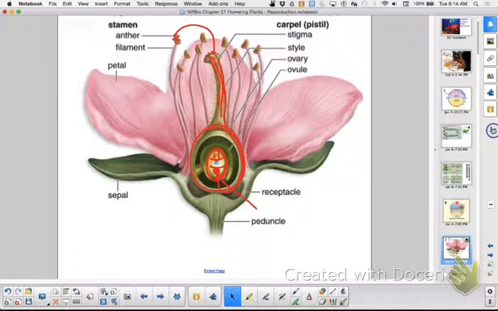And the haploid megaspore undergoes mitosis and becomes the embryo sac, which is the female gametophyte, which resides within an ovule that sits in the ovary, in the house that Jack built. I'm going to show you some pictures of that in just a second. The haploid megaspore undergoes mitosis and becomes the embryo sac, which is the female gametophyte, which resides within the ovule that sits in the ovary.